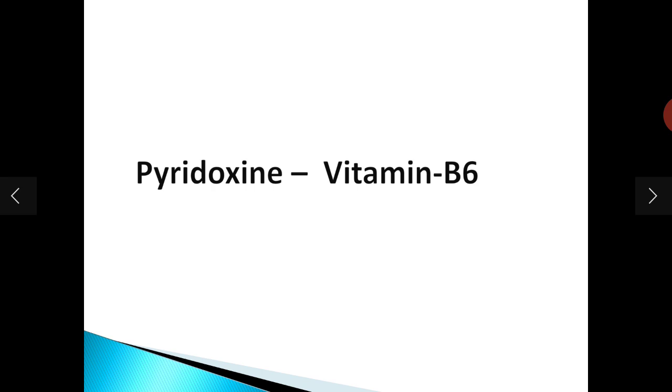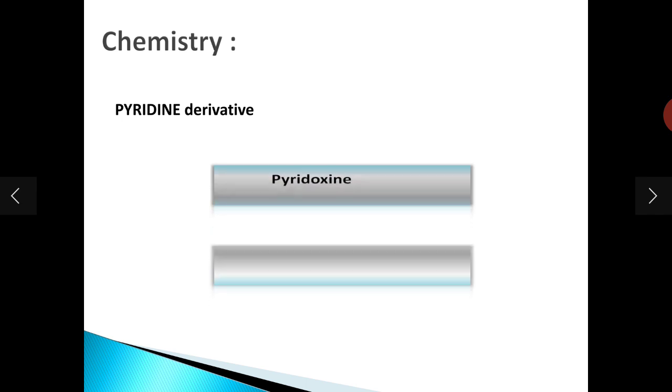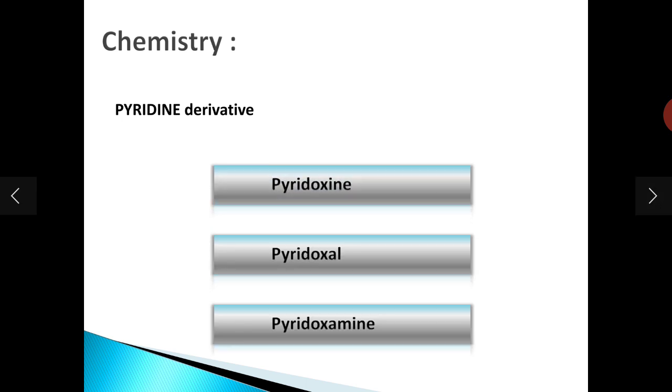Coming to vitamin B6, that is pyridoxine. Coming to the chemistry, it is a pyridine derivative. We have three forms of pyridine derivatives: pyridoxine, pyridoxal, and pyridoxamine. These are the three forms of vitamin B6.